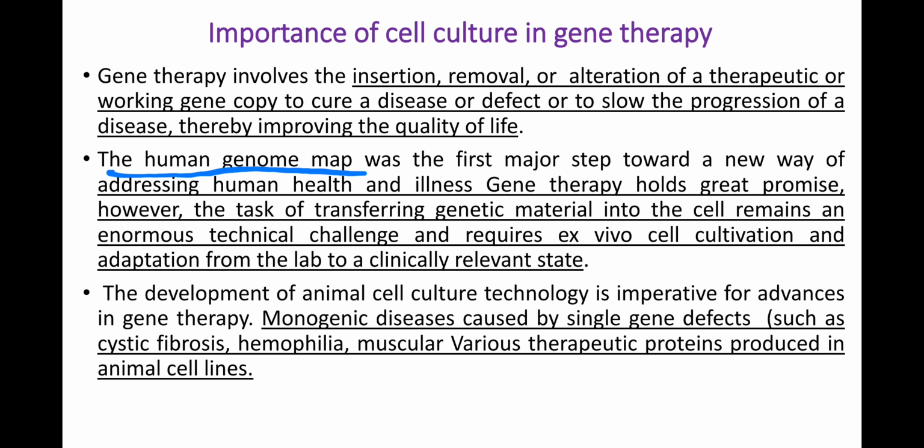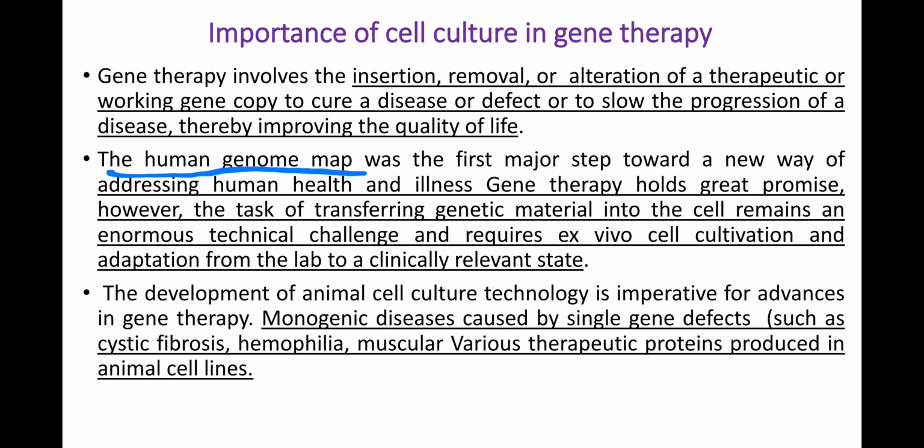Okay. Now we discuss the next point, the development of animal cell culture technology. This is an advanced technique. We see monogenetic diseases, which are diseases affected by a single gene. Which diseases are included there?